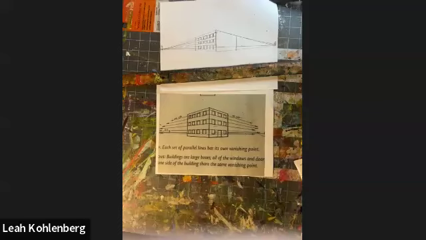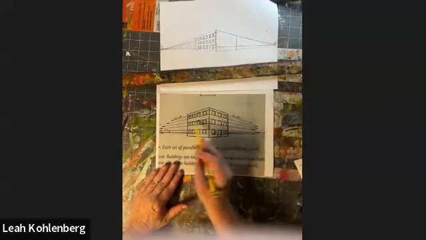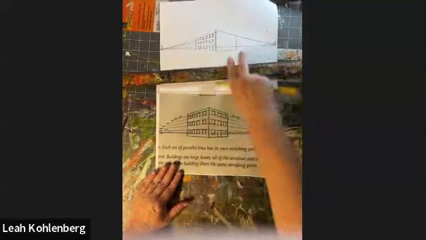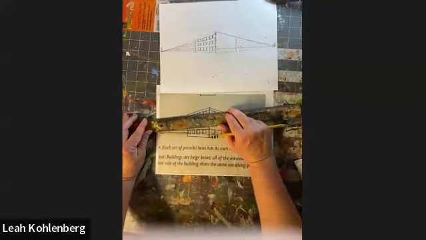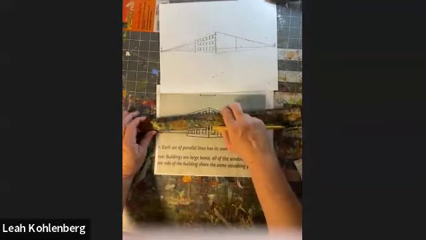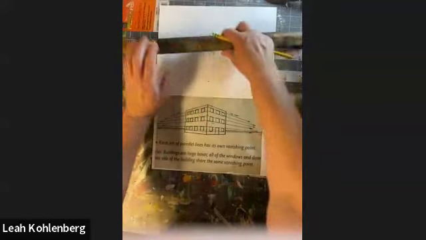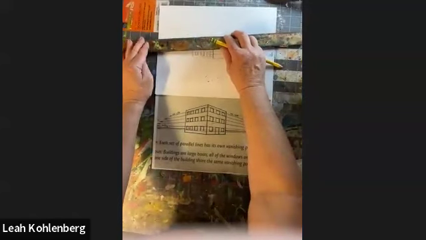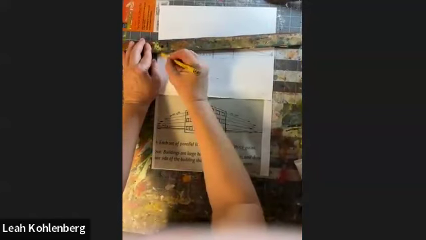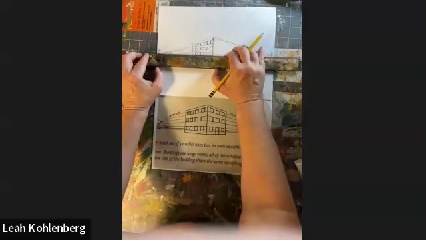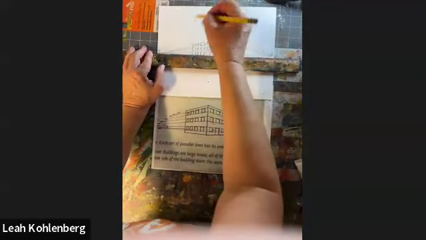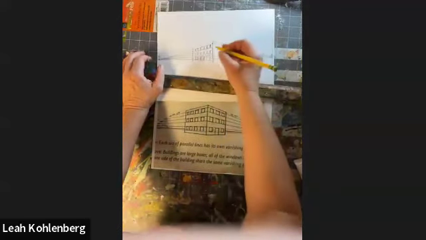If you want to add a little line of trees, let's say the trees are higher than the windows, you could just add one more line here. You could go like this on one side. Top of the trees, right? Bottom of the trees.